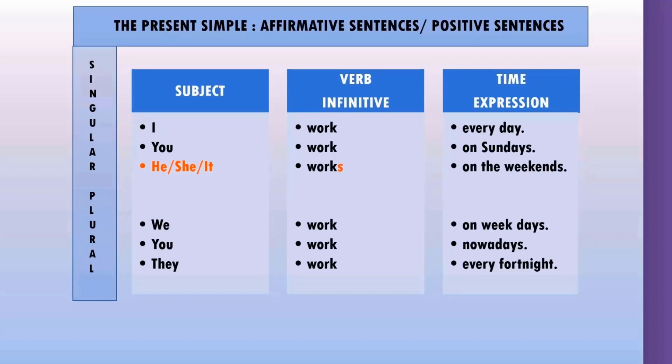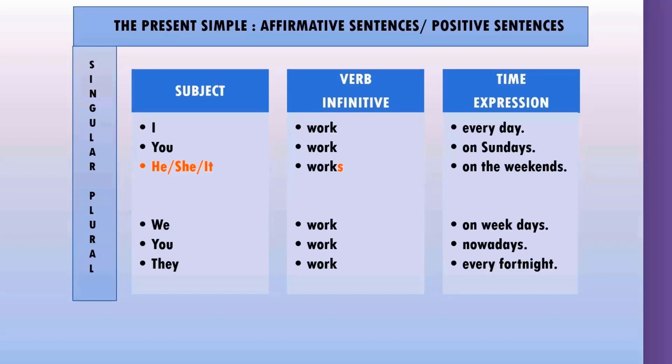For third person singular, he, she, it becomes works, okay? So I work every day, you work on Sundays, or you could say every day. He, she, it works on weekends. We work on weekdays. You work nowadays. They work every fortnight, okay?